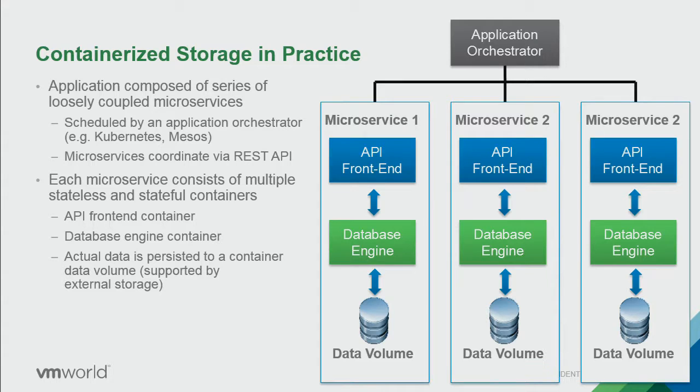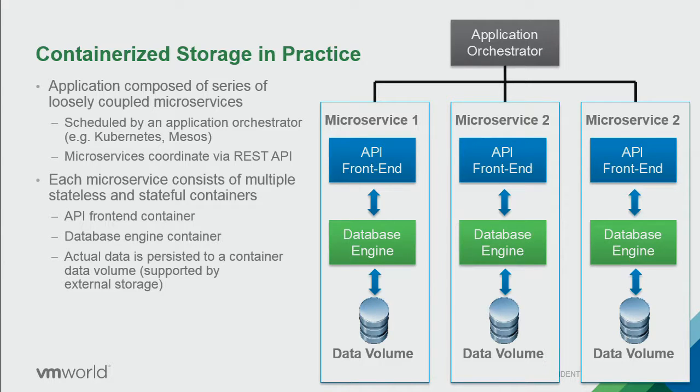And each microservice can consist of a series of stateless and stateful containers. So this is just a really simple example where a given microservice might contain one compute-centric container, such as an API front end. It'll contain another container which contains a database engine, so MongoDB, Cassandra, MySQL, something like that, that's running the actual logic for the database.